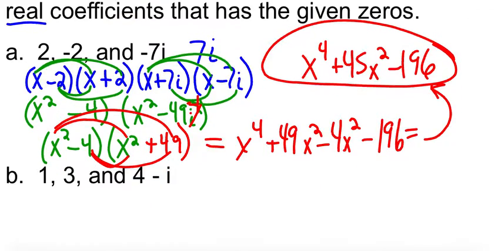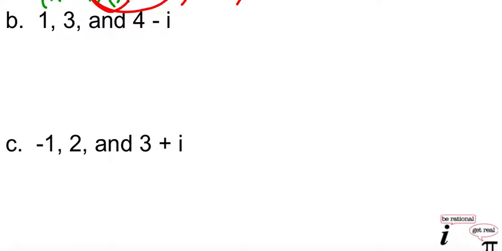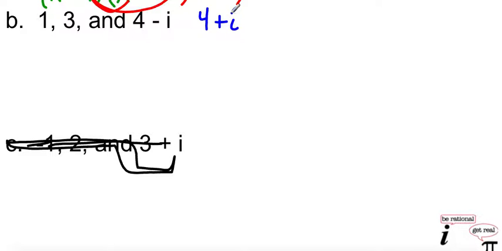Okay, let's do the next one. Also, if you're planning ahead, we are not going to do part C, so feel free to use all the space up. Okay, so we know that this has zeros 1, 3, and 4 minus i, which means that 4 plus i is also a zero.